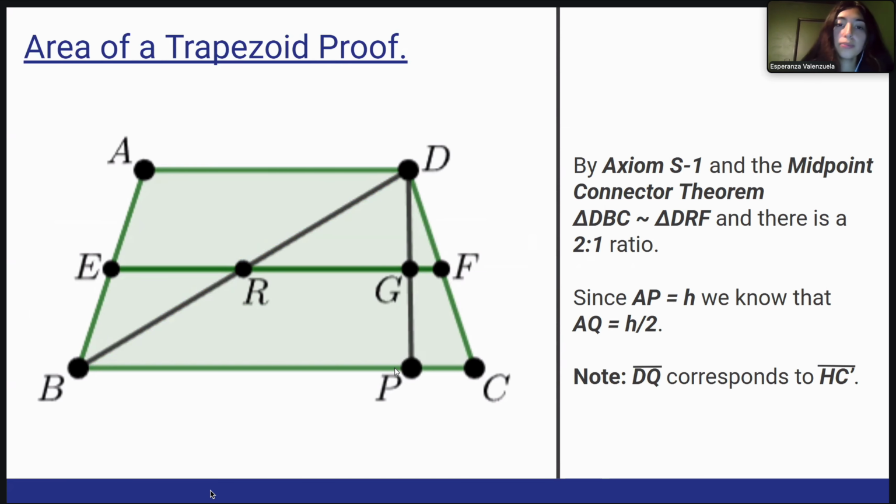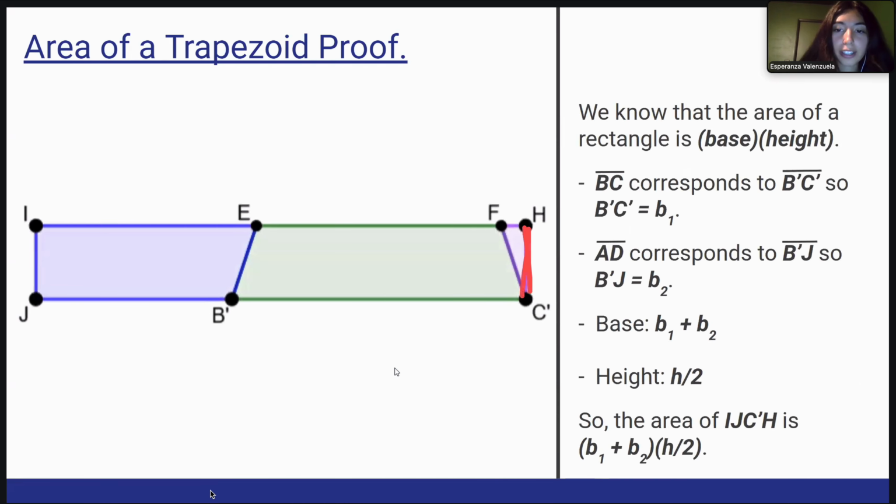And then we can see that DG is the same as CF, as this right here, which we can see right here. So we know that this is h over 2, this is b1, and that is b2.